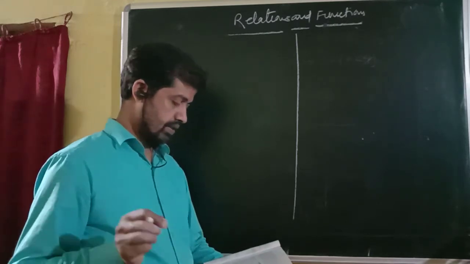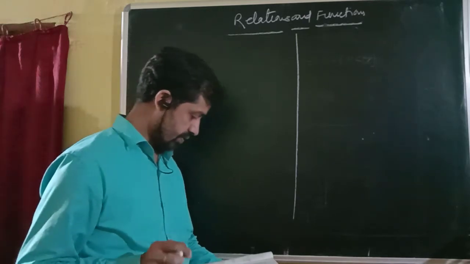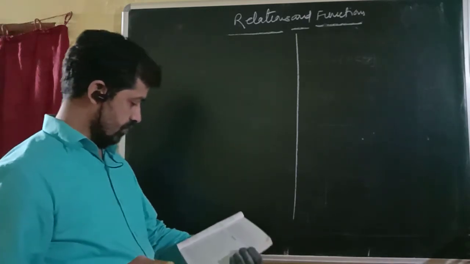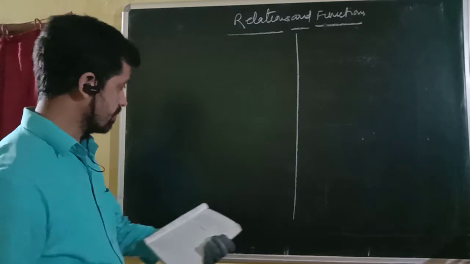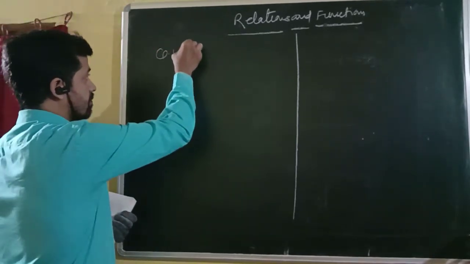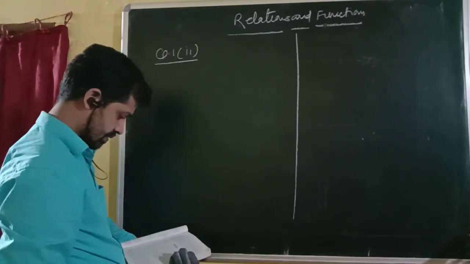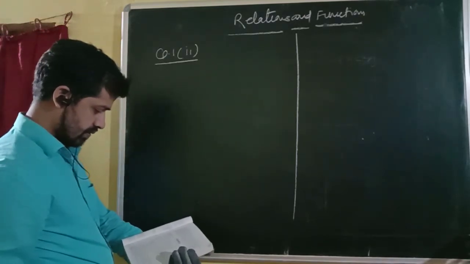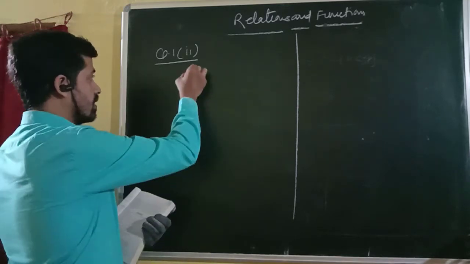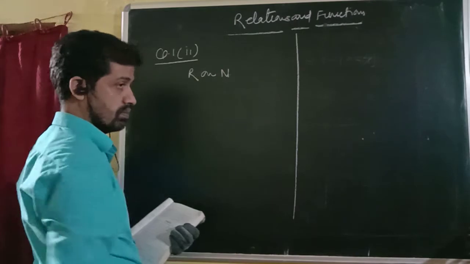Take exercise 1.1, question number 1, second part. Relation R is defined on the set of natural numbers.